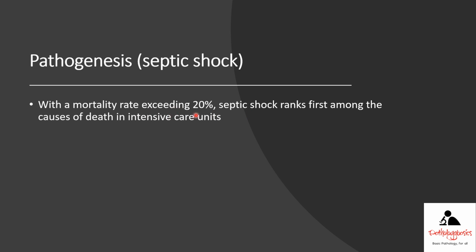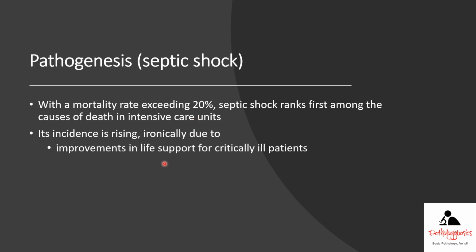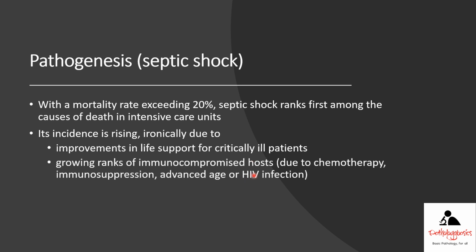Mortality rate exceeds 20% in intensive care units. The incidence is rising, ironically. Now you know that there are better antibiotics available, but still the incidence is rising. Why? Because there are improvements in life support for critically ill patients. So more critically ill patients are coming to the ICU. There are growing ranks of immunocompromised hosts, and this is very important because of chemotherapy, HIV, advanced stage, immunosuppression.